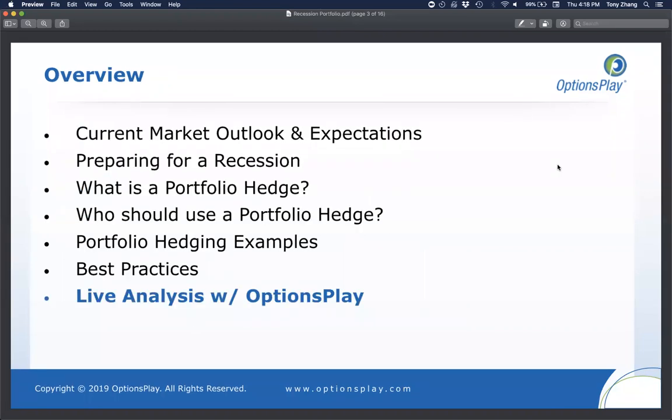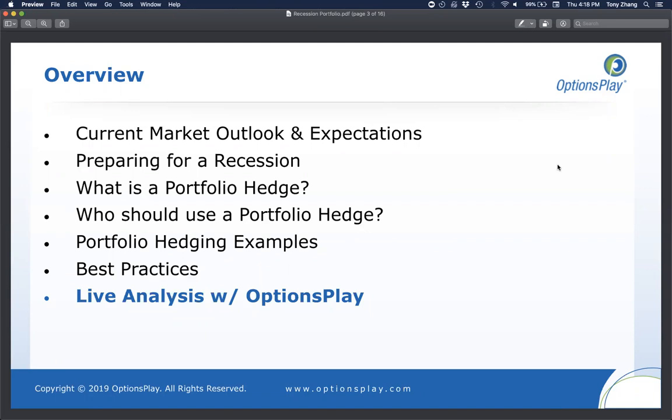So let's go ahead and get started. We'll talk a little bit about current market outlooks and expectations based on certain indicators that are important in predicting a recession. We'll talk about what options you can deploy in your portfolio to prepare for a recession. Then we'll spend some time talking about a portfolio hedge, meaning buying a put option to protect your portfolio against a downside move during a recession.